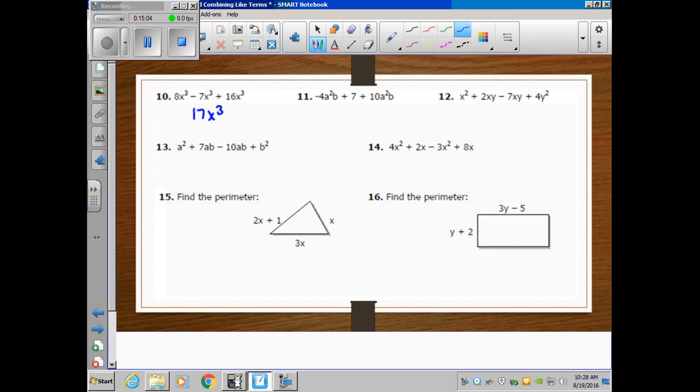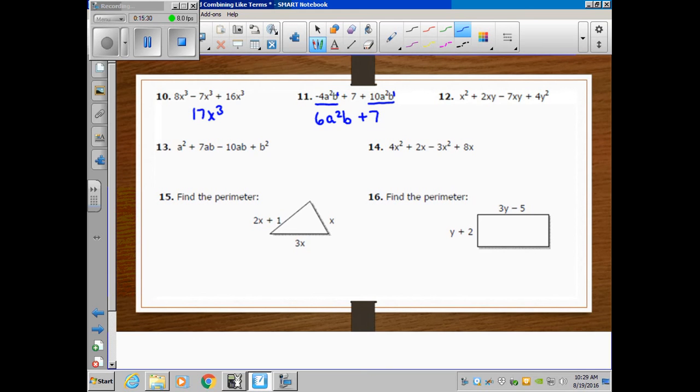You have a squared b to the first, a squared b to the first. Those are like terms because they have the exact same variables and exponents. They have to be the same. So we combine the negative 4a squared b plus 10. Negative 4 plus 10 is 6a squared b. And then the constant term is by itself, so we can just add 7.